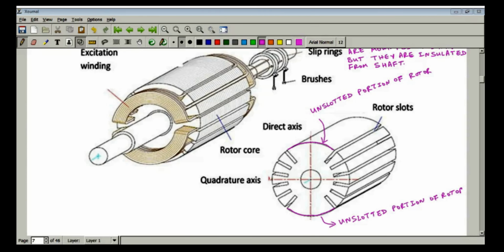So why are these kept unslotted? These are kept unslotted so that magnetic lines of flux can leave and enter. These are unslotted for entry and exit of magnetic lines of flux.